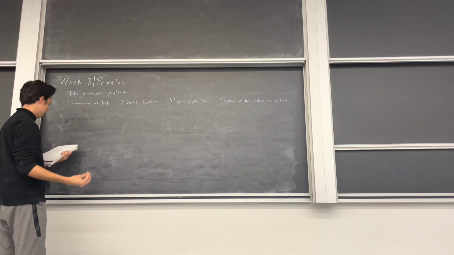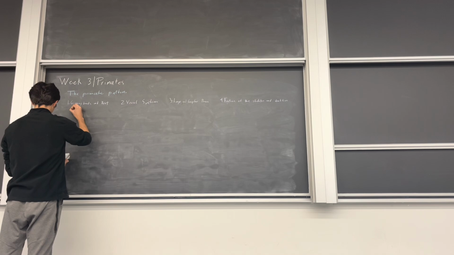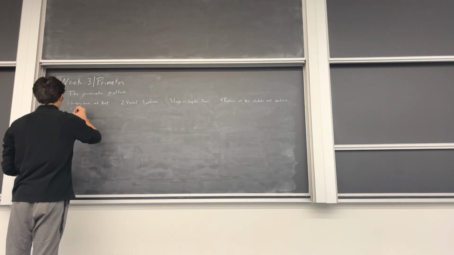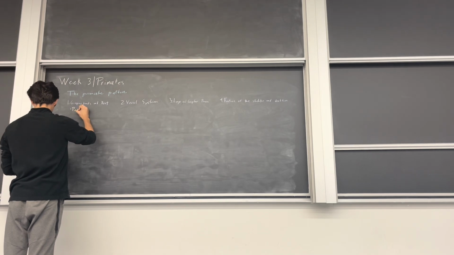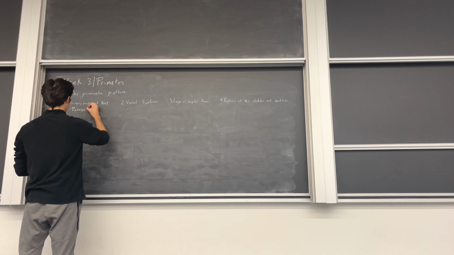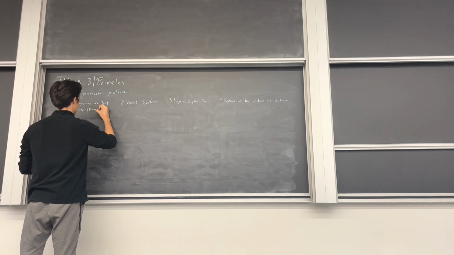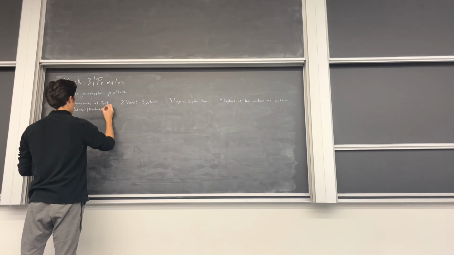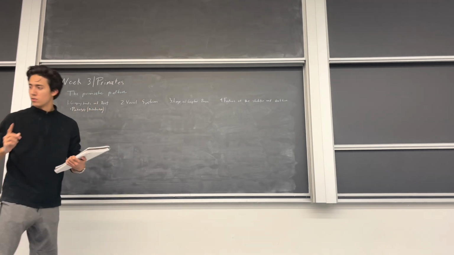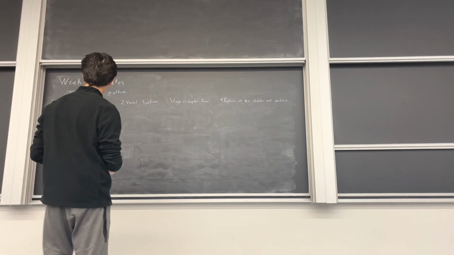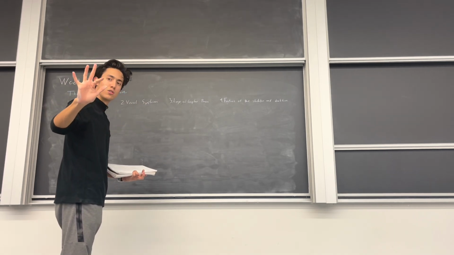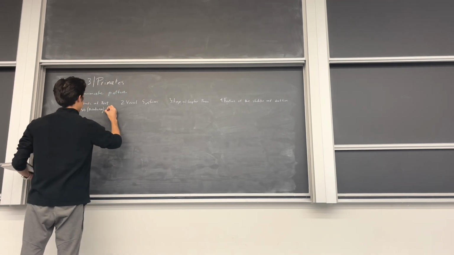So for the grasping hands and feet, primates are pentaxial, or pentadactyl, which means five, like 1, 2, 3, 4, 5.